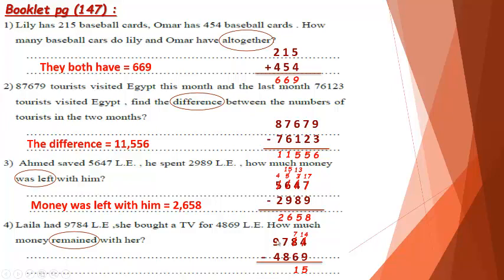So I'm going to borrow 1 from the 9. It will be 8, and this 7 will be 17. 17 minus 8 equals 9. And 8 minus 4 equals 4. So the money remaining with her equals 4,915.